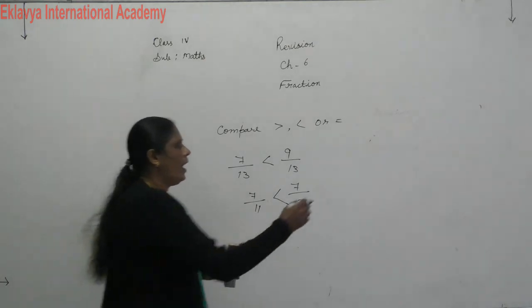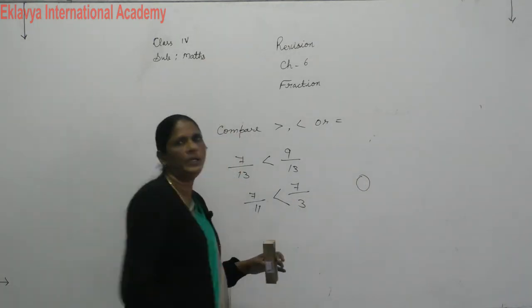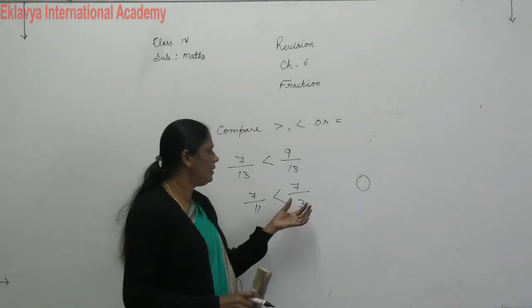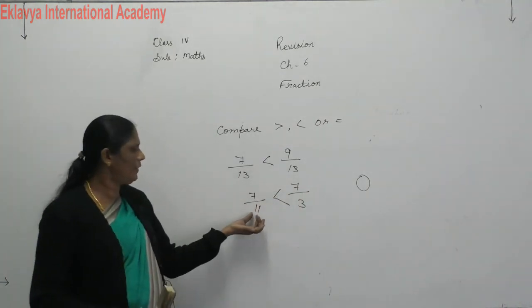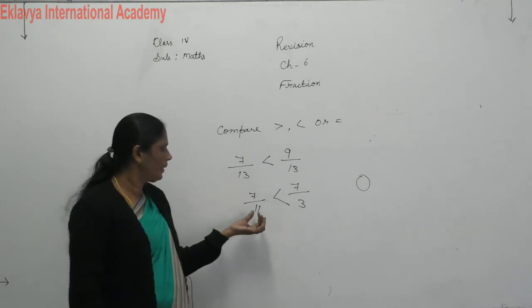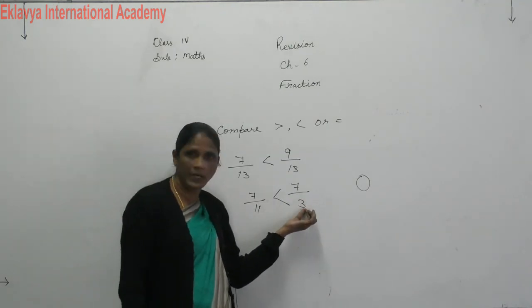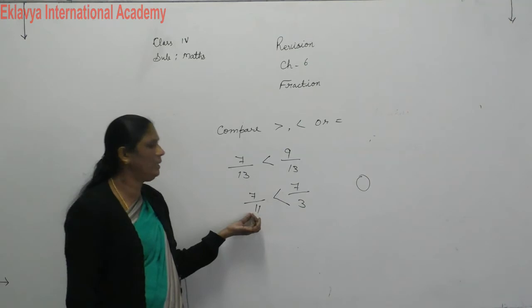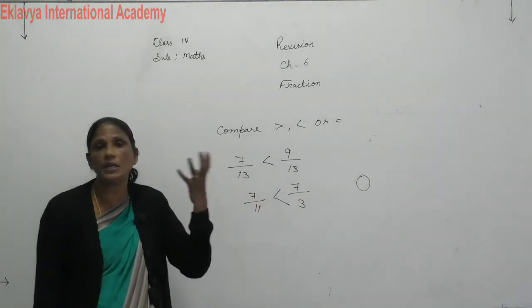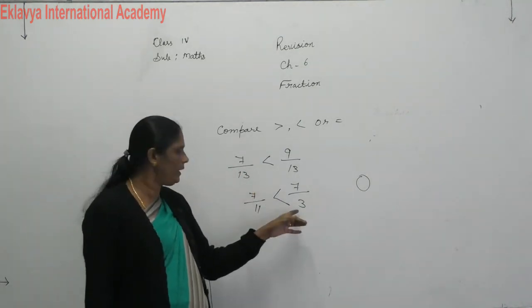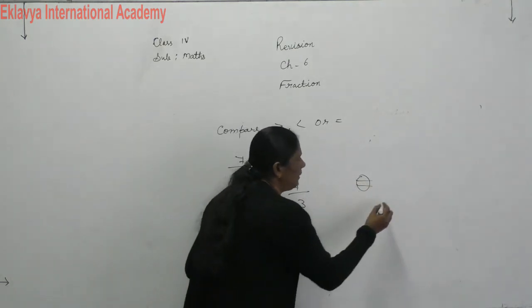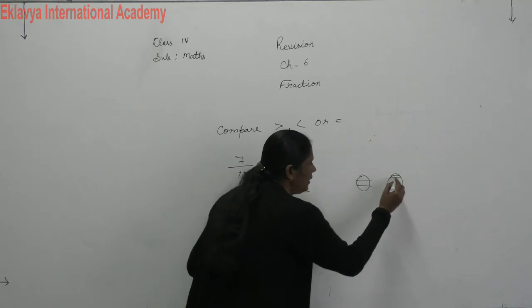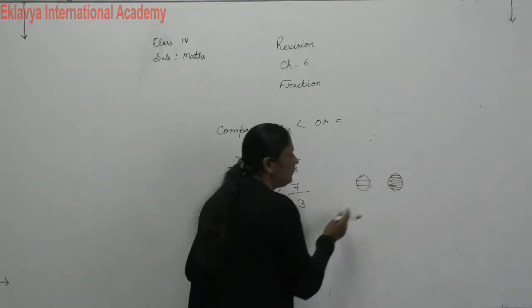Think of a toffee. We divided one toffee into 3 parts and another toffee into 11 parts.